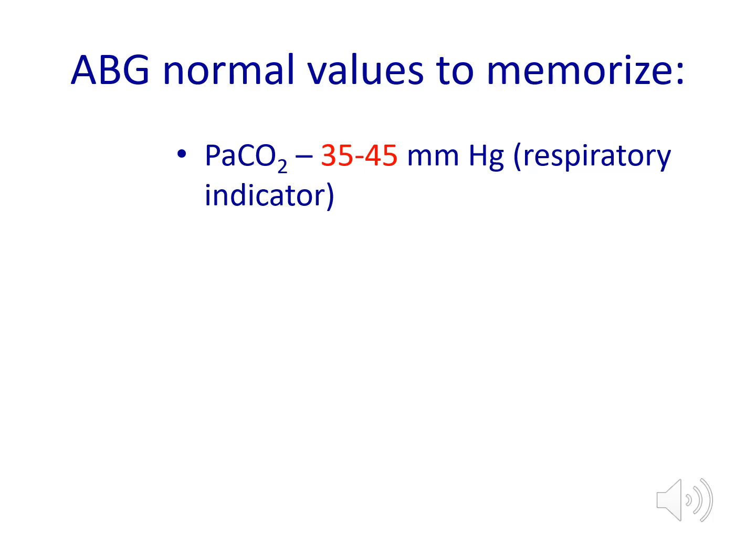I'm not going to give them to you on the test. Now, keep in mind that each hospital has their own set of normal values for the ABGs. Every hospital is a little bit different from each other, but they should all be in the same ballpark, okay? I'm giving you the values that are from your textbook to memorize.